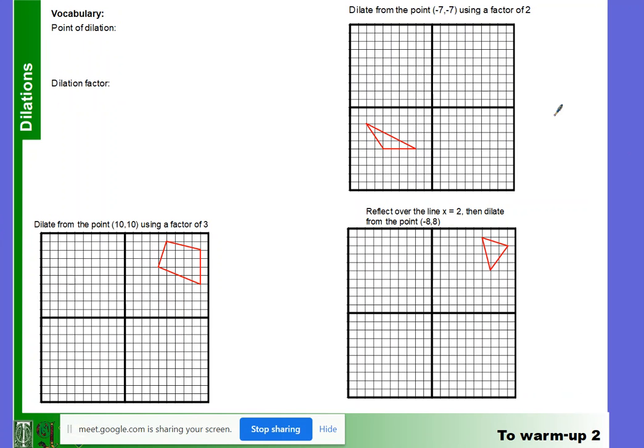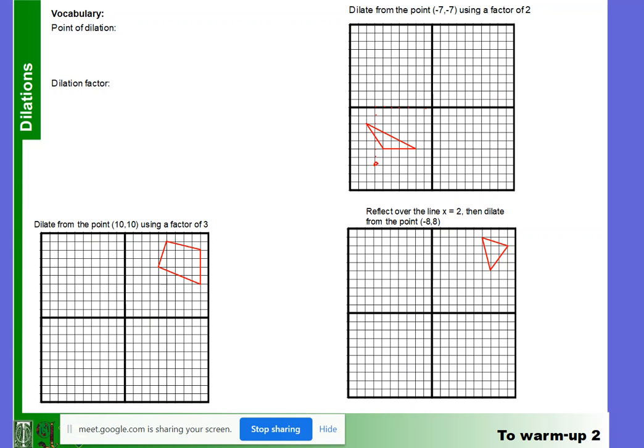In the negative, I don't know which quadrant that is, but it's on the bottom left. 1, 2, 3, and 4. So quadrant 3. Okay, cool. So -7, comma -7. So 1, 2, 3, 4, 5, 6, 7. 1, 2, 3, 4, 5, 6, 7. All right, perfect.